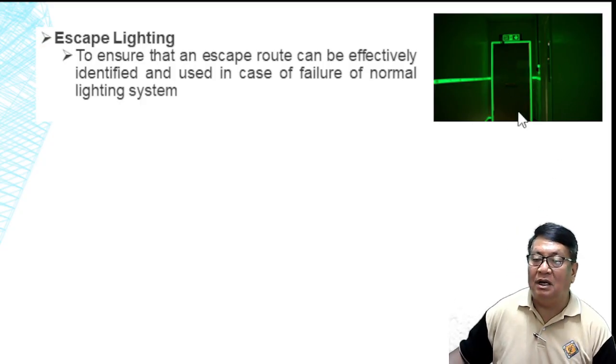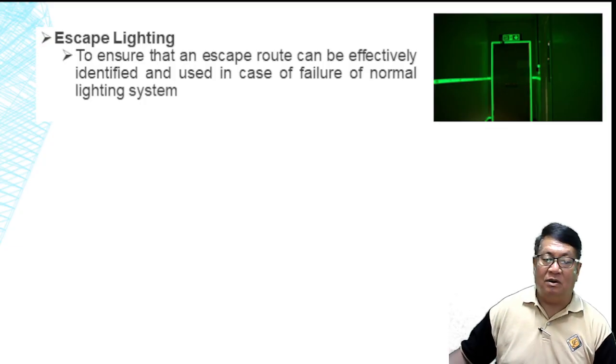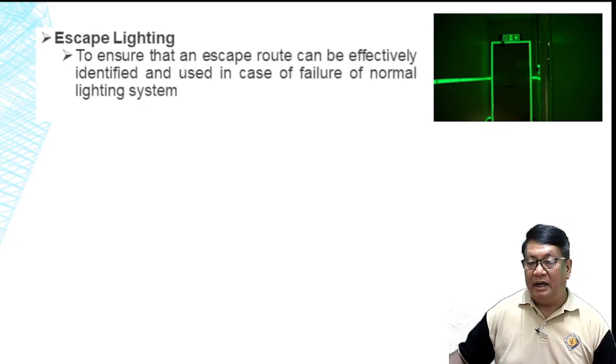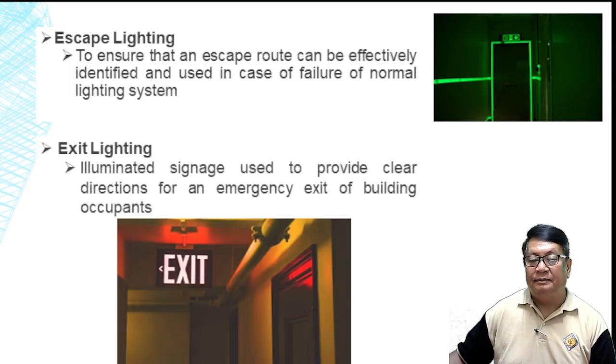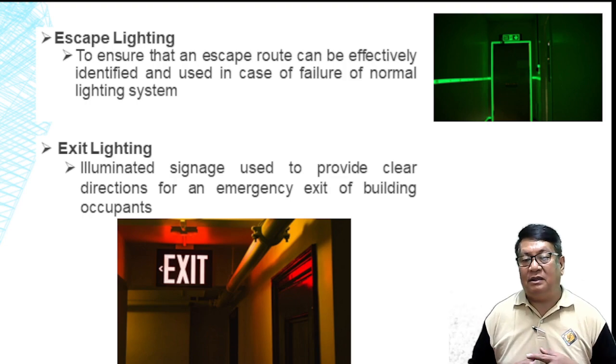So we have these types of lighting system that will guide us or give us a direction, especially when there are brownouts of our natural sources of light. Okay, so we have this exit lighting, no?